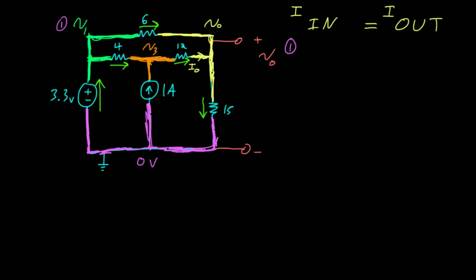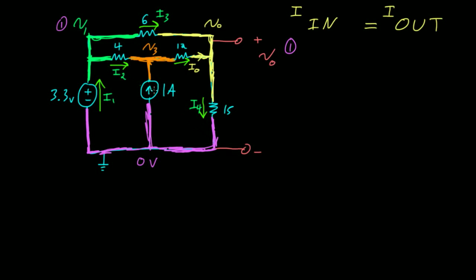Oh, one last thing I forgot to do. Before I assume the different current directions here, I also want to name them. So let me go ahead and name these different currents. I'm going to call this I1. I'm going to call this I2 that flows across that 4 ohm resistor. I'm going to call this current I3, and I'm going to call this current I4.